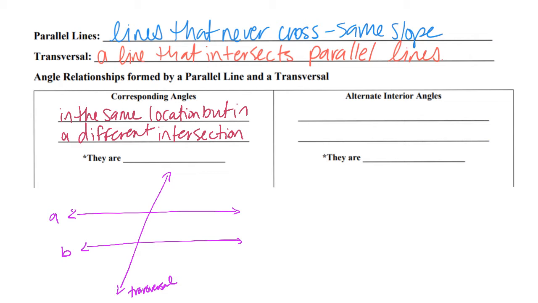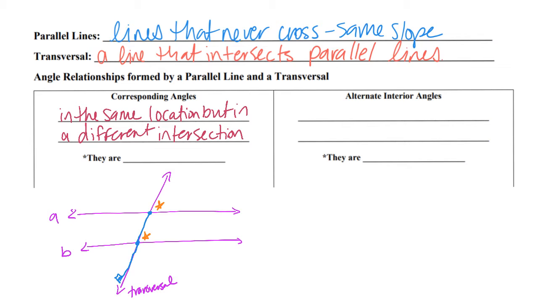So you're in a car driving along this transversal, and you get here and stop at this light. You see Walgreens on the corner, but you don't need to go to Walgreens. You need to go to the Harris Teeter. So you keep driving to the next light, and then you see your Harris Teeter on the corner, and that Harris Teeter would be in the corresponding angle of the Walgreens, because if you notice, these two stars are in the same location but at two different intersections, so two different blue dots.